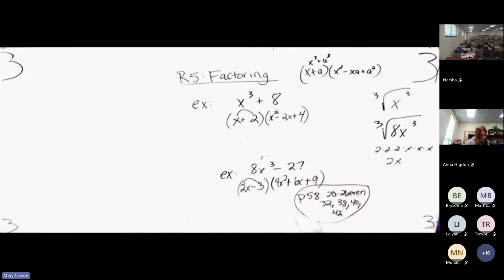And I'll put that in Moodle as well. Can everybody see that? Page 58, 20 through 26, even, 32, 38, 40, and 42. And we can go over that on Tuesday morning.